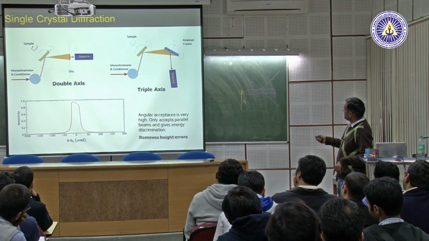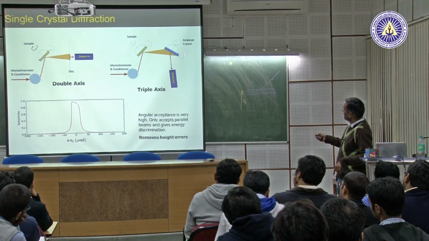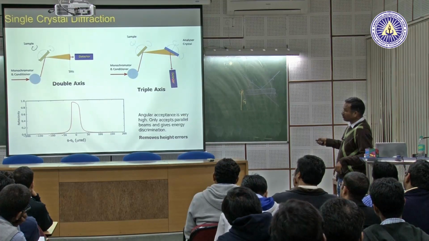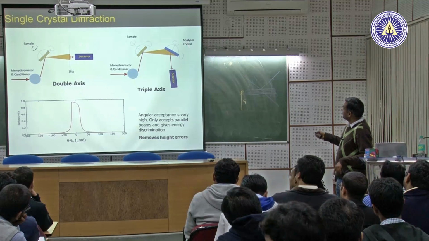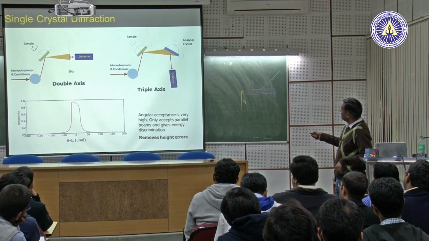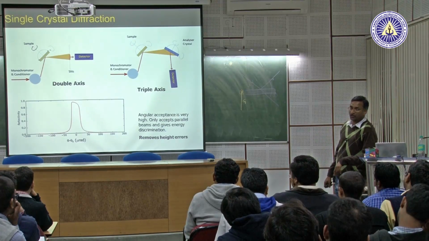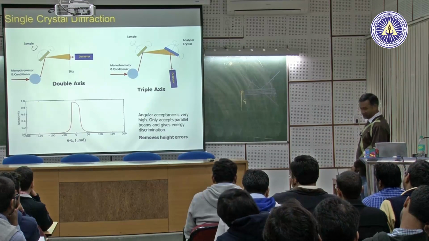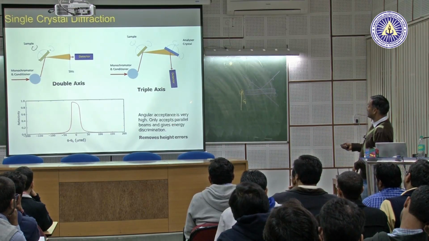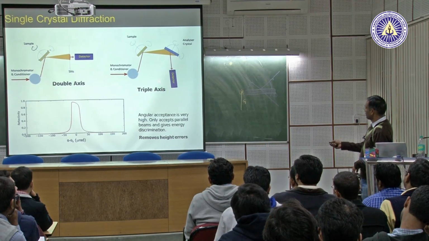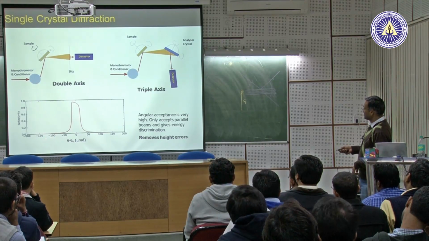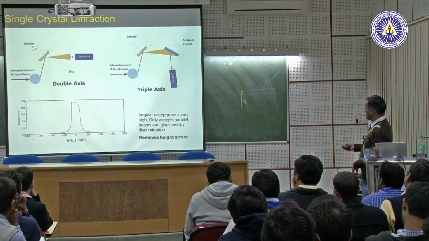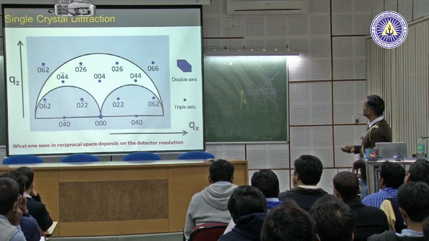If you put an analyzer crystal which can again rotate through a certain angle, then you can have a larger variation in omega to get to the detector. So, you need to put an analyzer crystal to increase the omega range on this side to get a larger angular range. This triple axis also removes height kind of errors, and it allows you good profiles and scans. Anyway, I will come to that a little later.